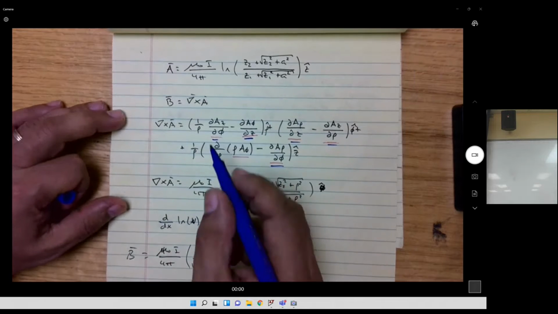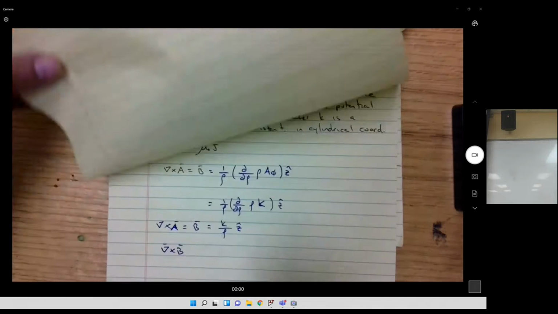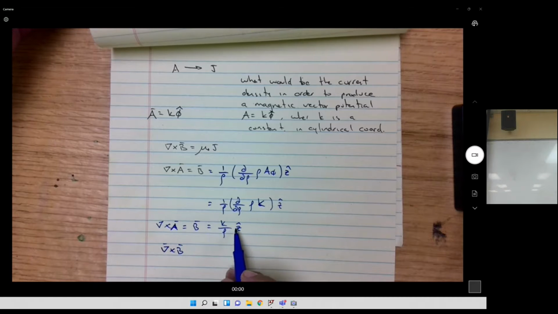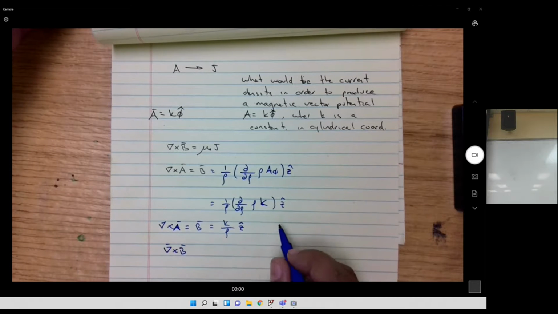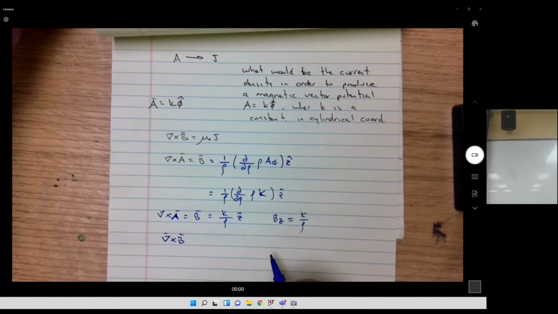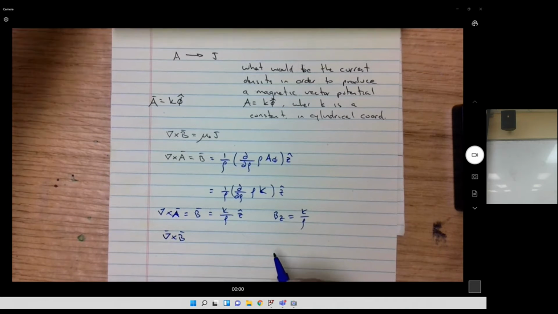Yeah, so we have k over rho in the z direction, okay? So we're only going to have a component in z, which is k over rho.